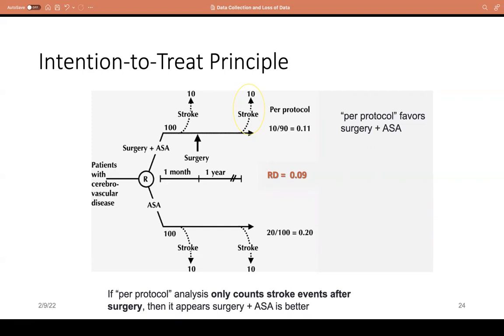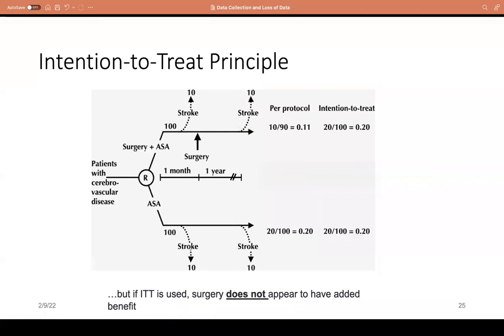This may seem a little bit confusing, but the underlying assumption here is that the surgery is not effective, but we're making it look like it's effective because we're excluding these people despite the fact that they were randomized to the surgical arm and didn't have surgery. So in the intention to treat analysis, if you include everybody, you'll see that there's actually no difference between the surgery and non-surgical groups, and surgery does not appear to have this added benefit.